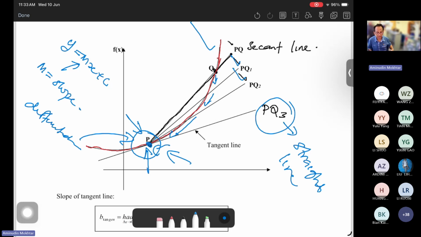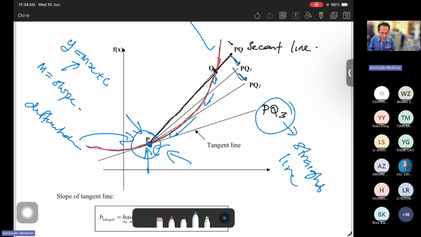Okay, now in this class, when we're talking about differentiation, basically we're talking about the tangent line. What is a tangent line? Tangent line is a straight line, and it has the same slope as the curve at that tangent point. Okay, now how to find the slope? In other words, how to find the slope at the tangent point?